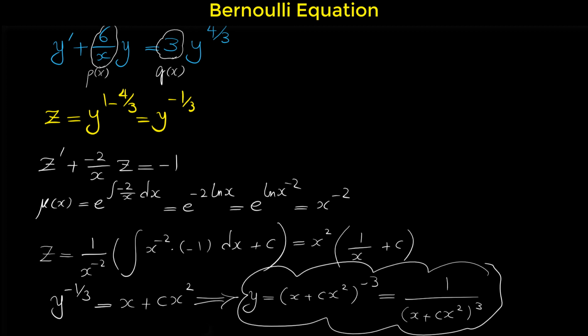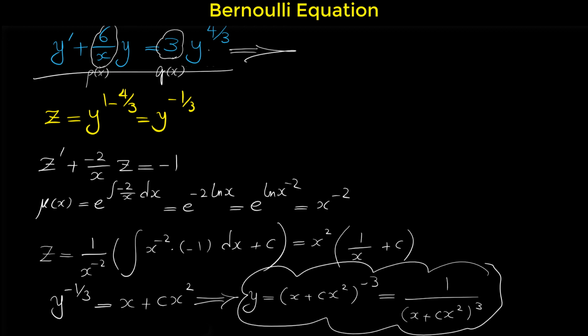Now let me show you how with this substitution this Bernoulli equation transforms to this equation. Again, as I mentioned in the previous example, before doing anything else, first divide both sides of this equation by y to the power of n, which in this case is y to the 4/3.